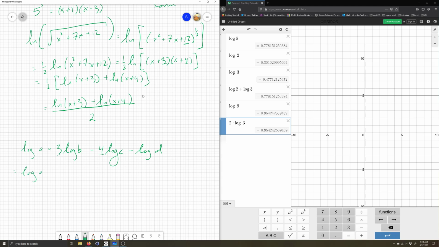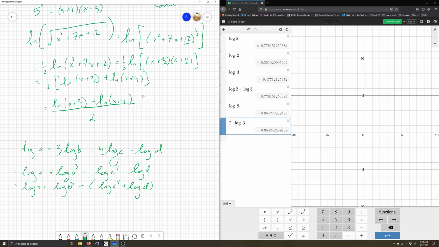So this is log of a plus log of b cubed minus log of c to the 4th minus log of d. The next thing that's not quite so obvious to do here is, since these are both subtracted, this is log a plus log of b cubed minus the log of c to the 4th plus the log of d.